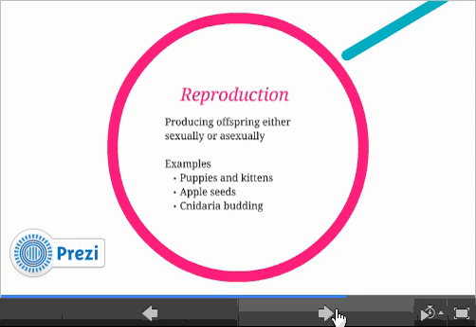Bacteria and some fungi and cnidaria do this through budding, which is asexual reproduction, meaning that it's going to be very identical to the first organism. Sexual reproduction offers some genetic variation.